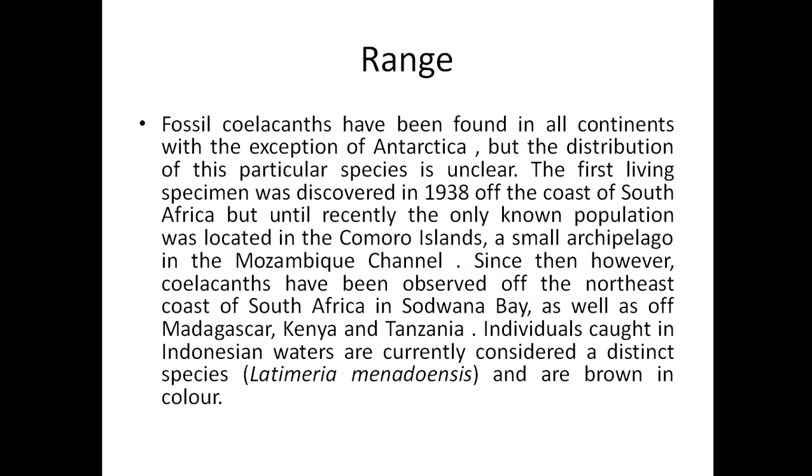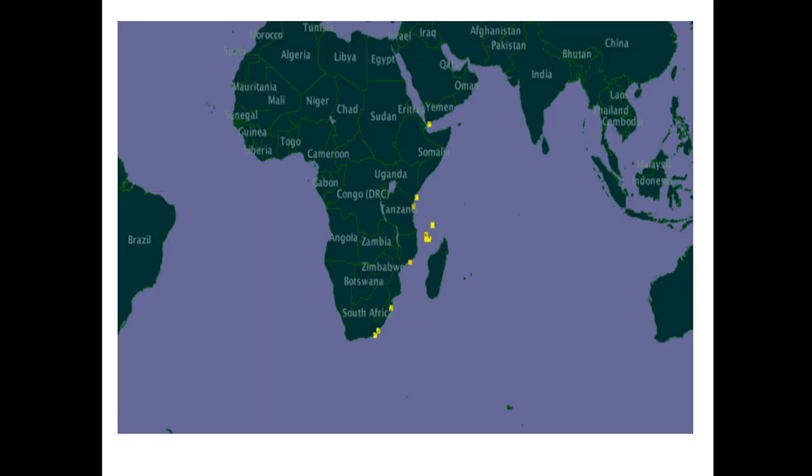Since then, we have recovered many coelacanths on the northeast coast of South Africa, in Sodwana Bay, as well as in Madagascar, Kenya, and Tanzania. Even one more species caught from Indonesian waters is a distinct species because of its color.